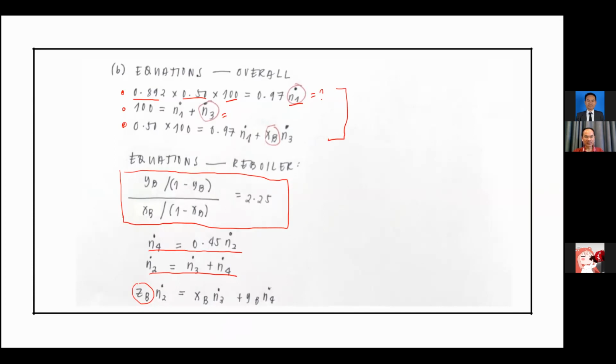This is the 0.892, the percent recovery of benzene. That's right, percent recovery of benzene. This is the amount of benzene at the top of the overhead product.